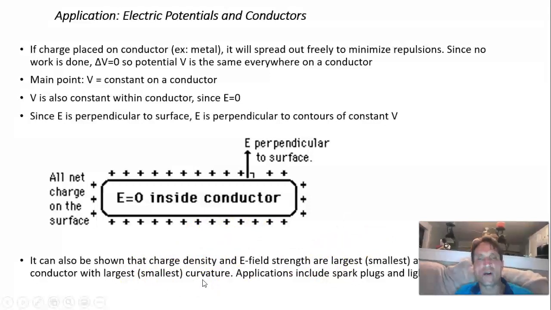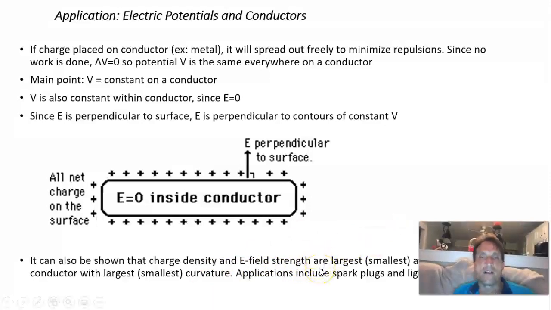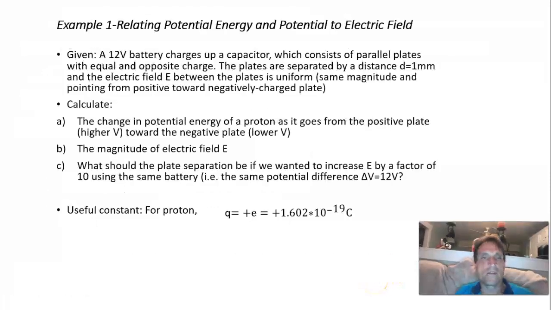So at the sharpest points of the metal, the electric field strength is going to be strongest. In fact, this forms the basis for spark plugs. The field will be strongest at the tip because there's the greatest curvature in the metal surface, and that gives rise to the largest field at the tip of the plug.